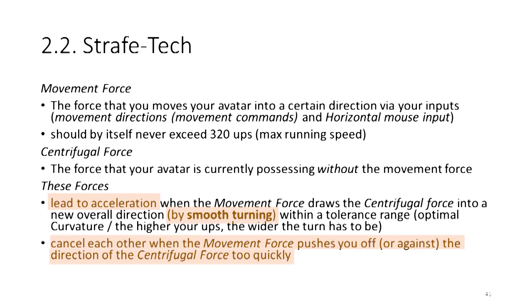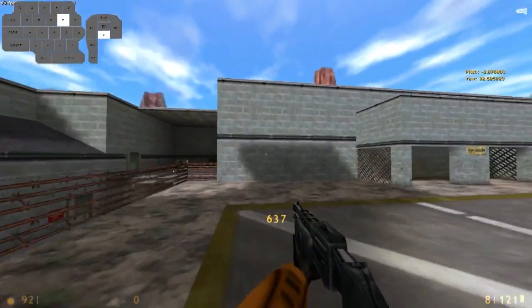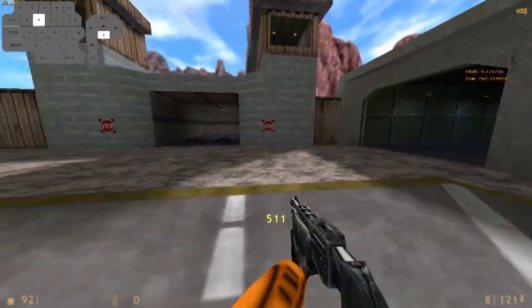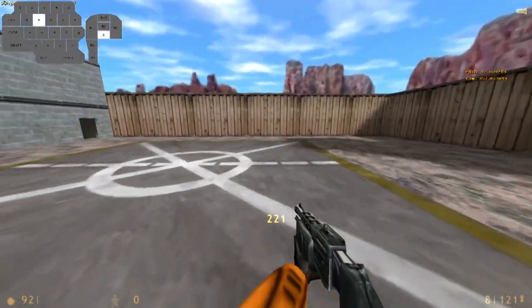In conclusion, there is the movement force, which you can influence the player with, and the centrifugal force, which you have to follow to gain the speed limits of the game. Those lead to acceleration when you smoothly drive your movement force according to the existing centrifugal force, and cancel each other when your movement force is acting against your current centrifugal force.